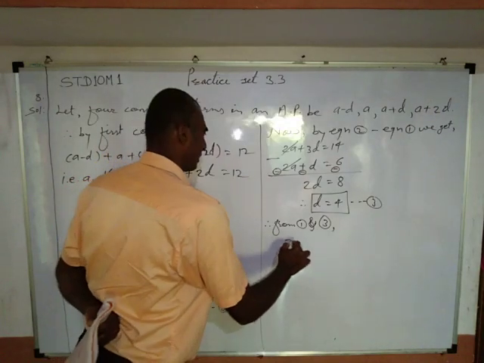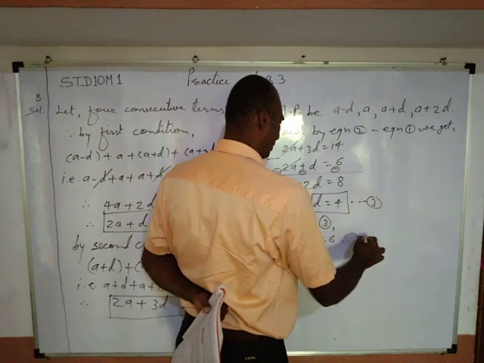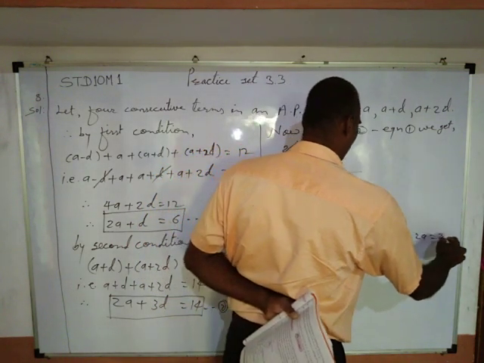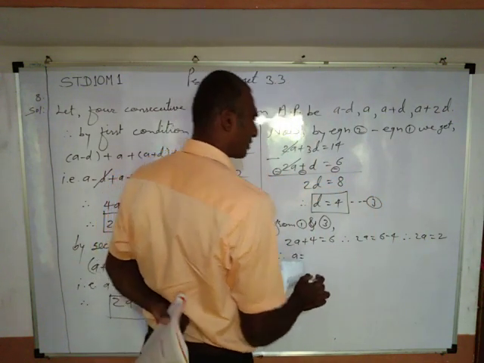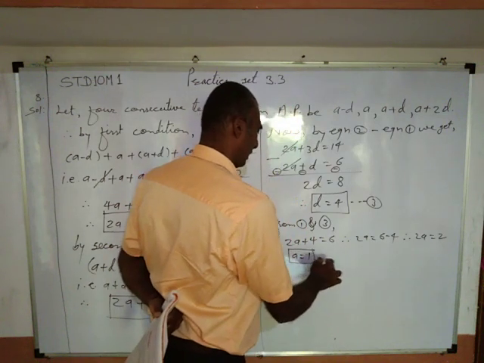Therefore we may write here 2A plus 4 equal to 6, and therefore 2A equals 6 minus 4, and therefore 2A equal to 2, and therefore A equals 2 upon 2, means A equals 1.